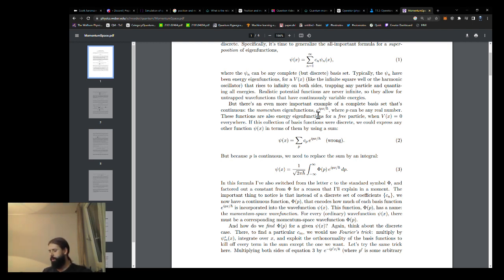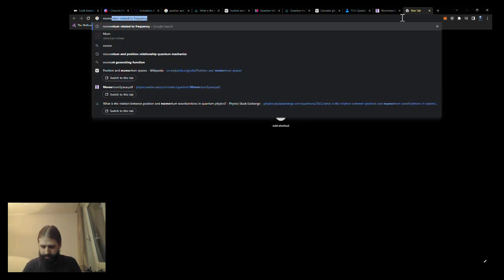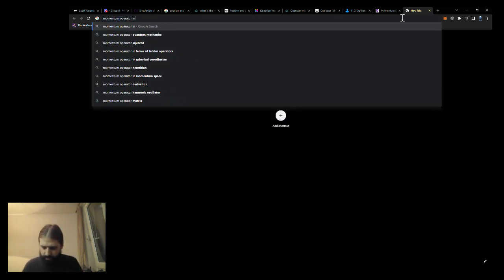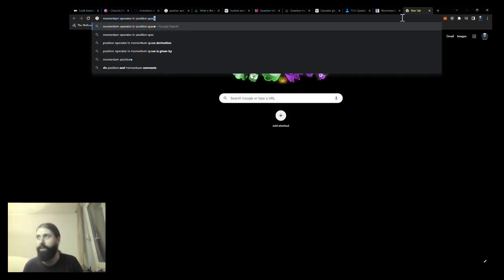My assumption is that the momentum operator is an operator that is defined in position space. Maybe that's why you can do that.